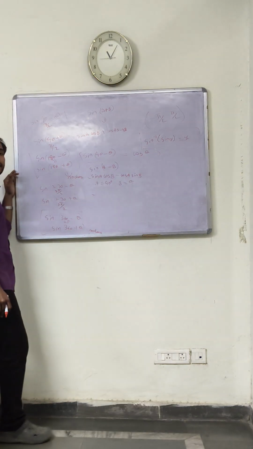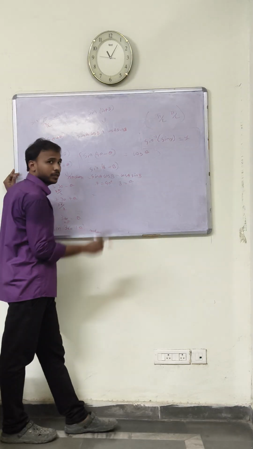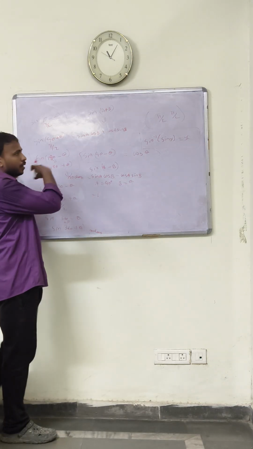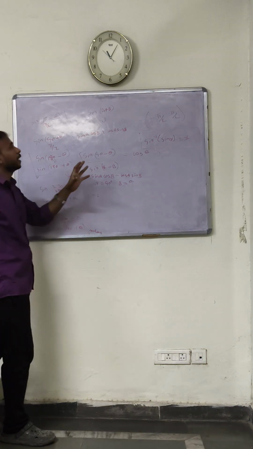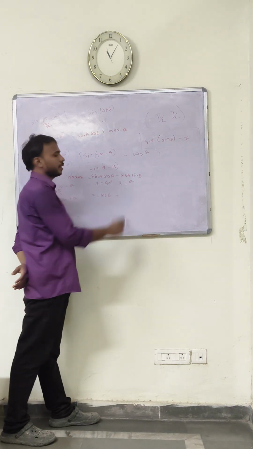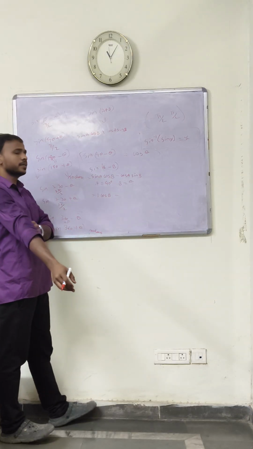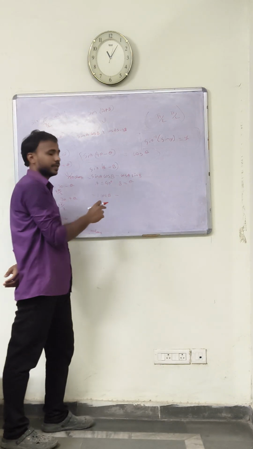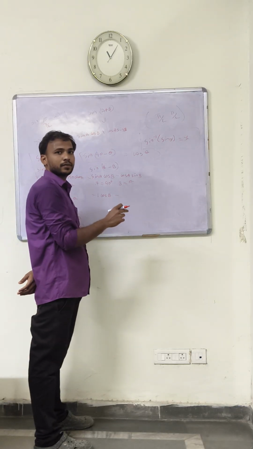Sin a, sin 90 degrees. Sin 90 degrees equals 1. You know the value, right? Previously we drew a table and we filled the table with values. So that is 1 cos b minus cos a sin b. Cos a is cos 90. What about cos 90?